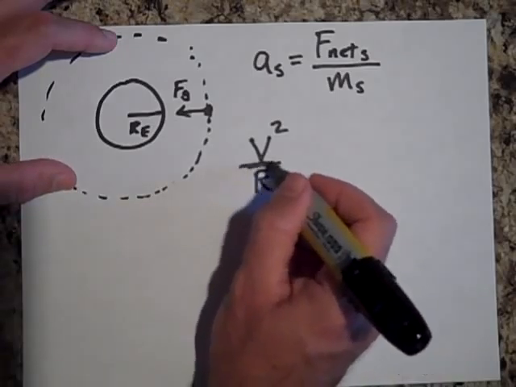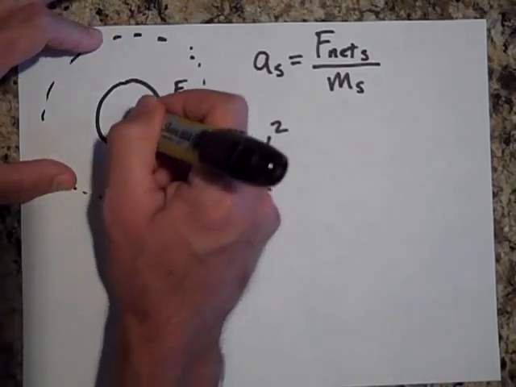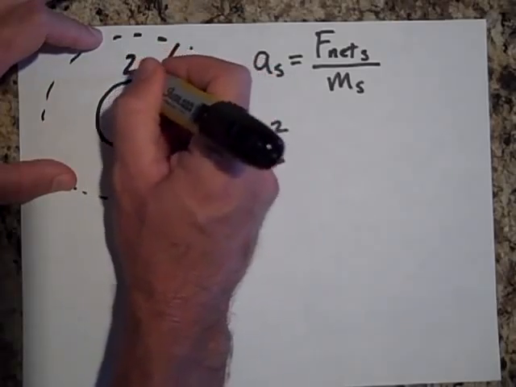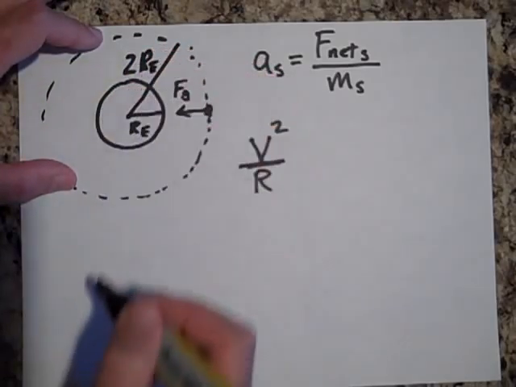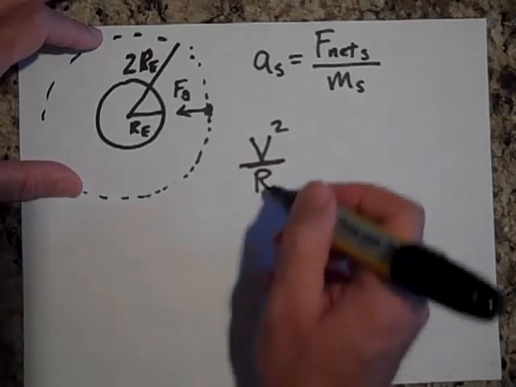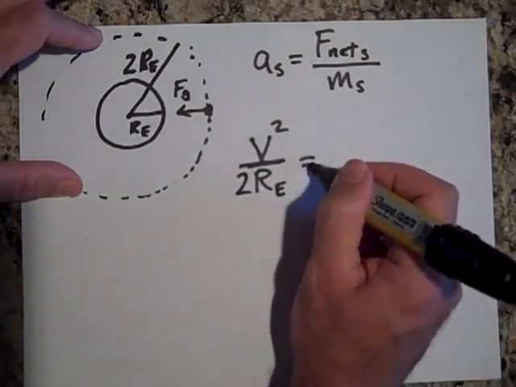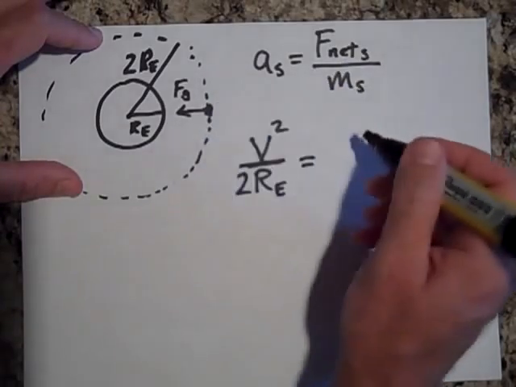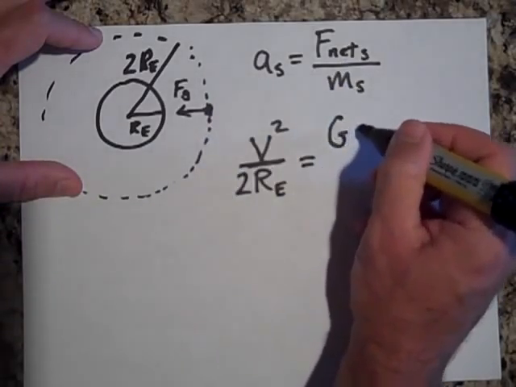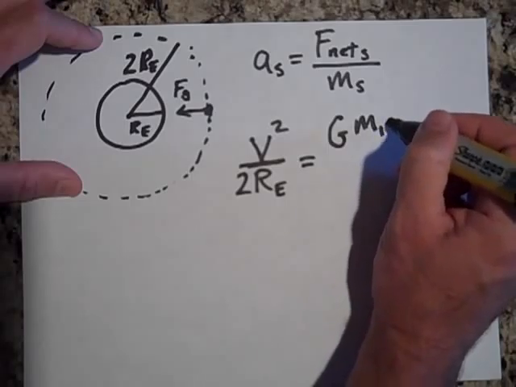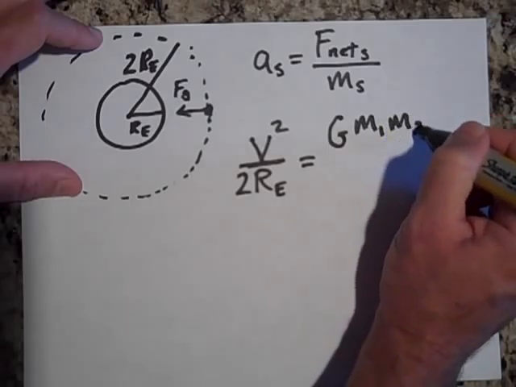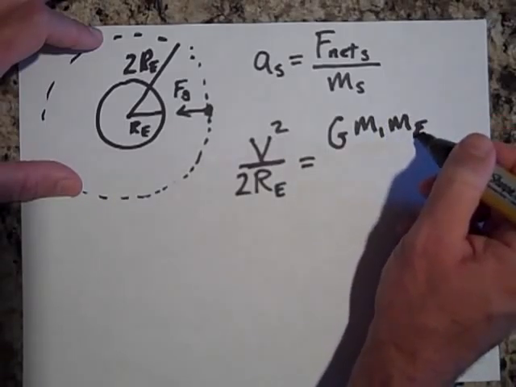Now I'm going to make that 2RE, because isn't the radius of this circle 2RE? That's equal to the net force. Now the net force is just this force, remember this guy? That'd be the mass of the Earth. The second mass is the mass of the Earth.